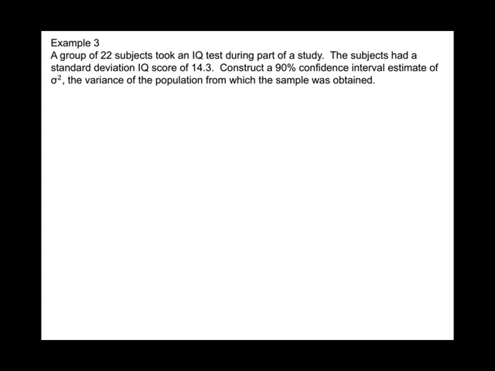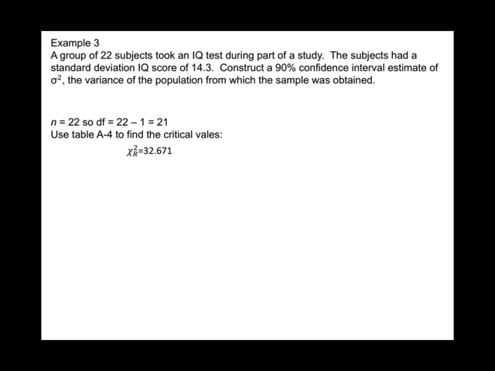Okay, so sample size n will be equal to 22. So the degree of freedom will be n minus 1, which is going to be 21. Then use the table A4 to find the critical values. So you should find the area to the right should be 0.05, right? 0.05 and a degree of freedom 21.